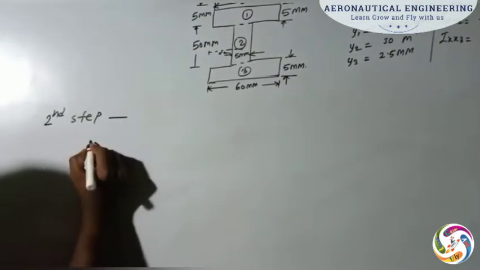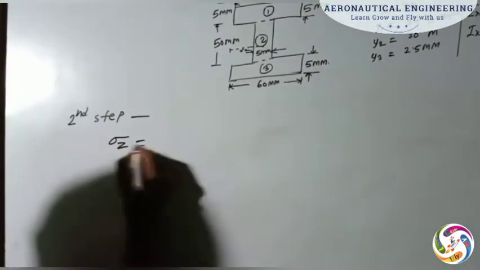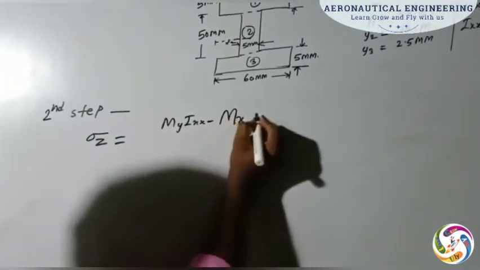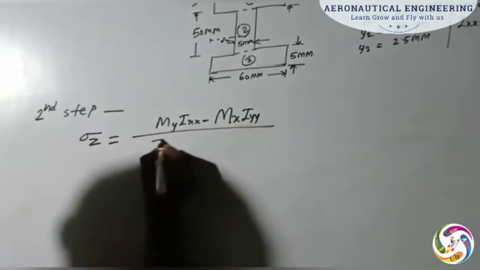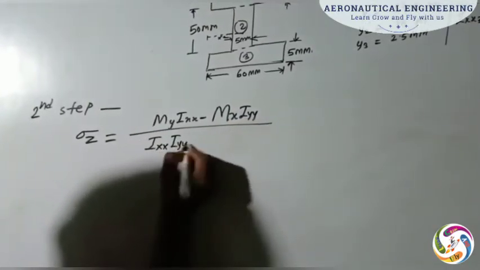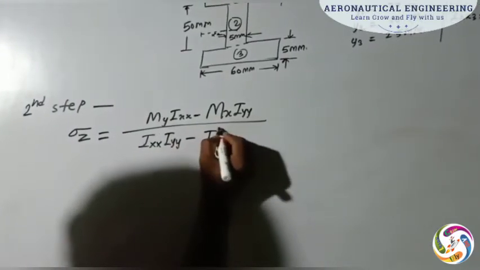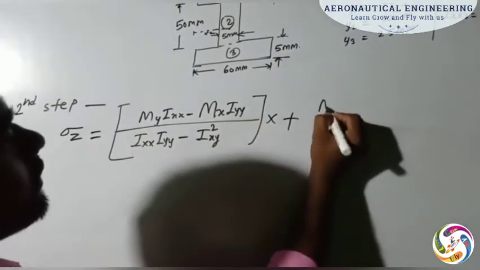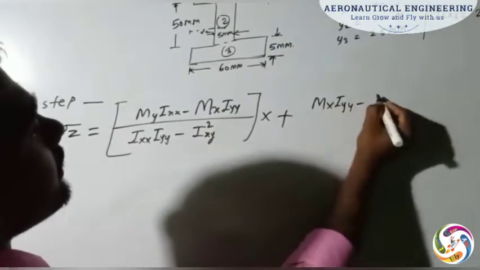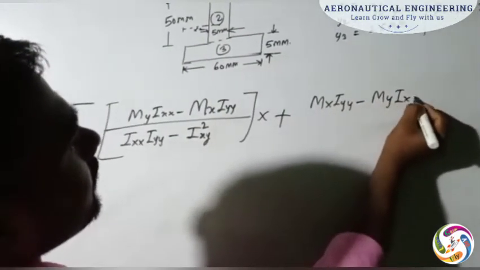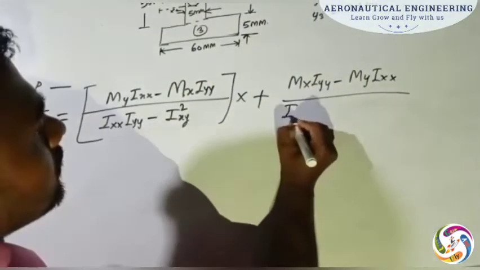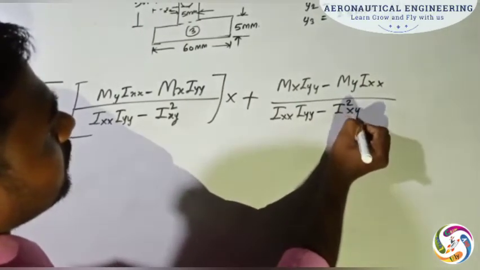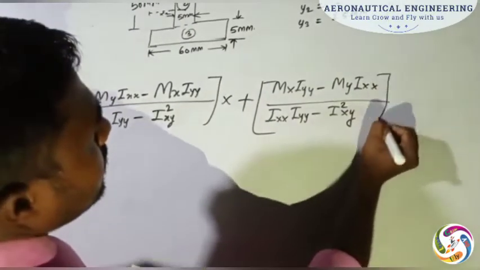So the bending stress formula for the K method is given by sigma z equals (My Ixx minus Mx Iyy) upon (Ixx into Iyy minus Ixy whole square) times x, plus (Mx Iyy minus My Ixx) upon (Ixx into Iyy minus Ixy whole square) times y.